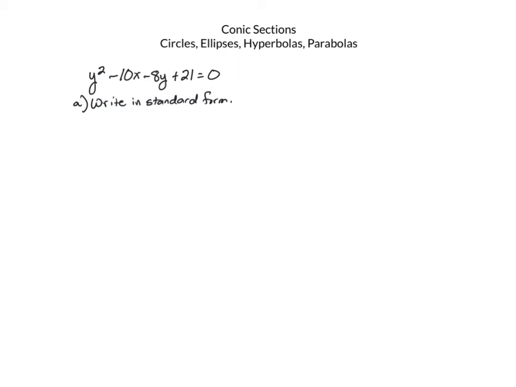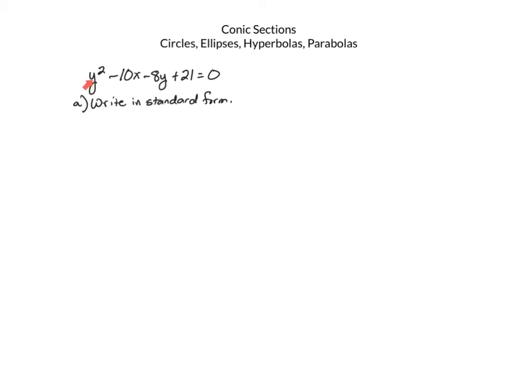Let's do this problem. The equation is y squared minus 10x minus 8y plus 21 equals 0. Part A is to write the equation in standard form for this particular conic section. So we need to know what conic section we have. Do you recognize that it's going to be a parabola?